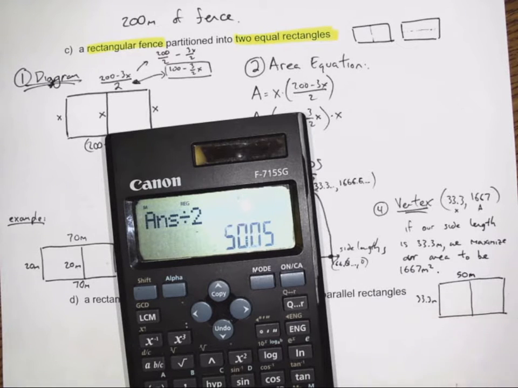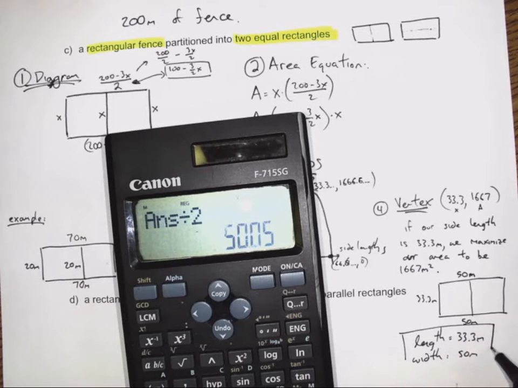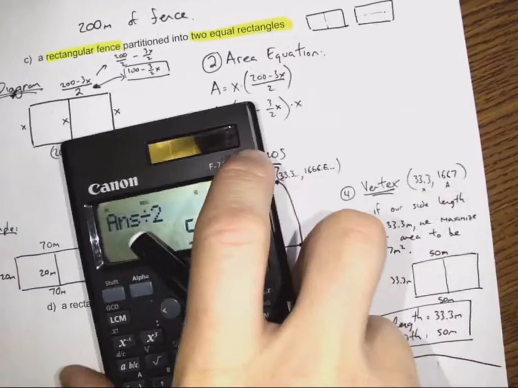But actually, this would be 50 meters on either direction. That means the length would be 33.3 meters, and the width would be 50 meters, which is a little counterintuitive to me. I don't think I would have assumed those dimensions. I'll draw a little line here, like so.